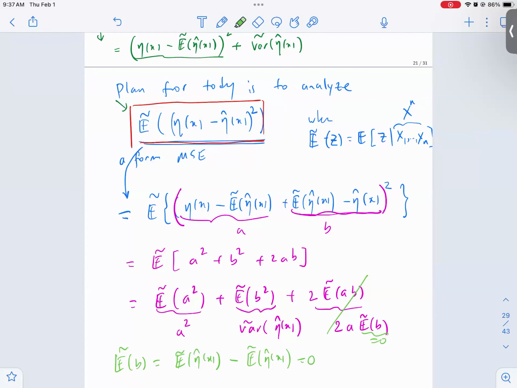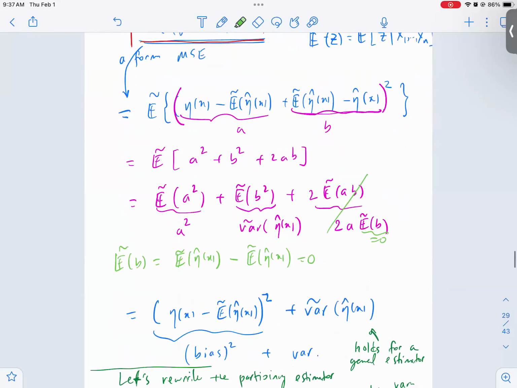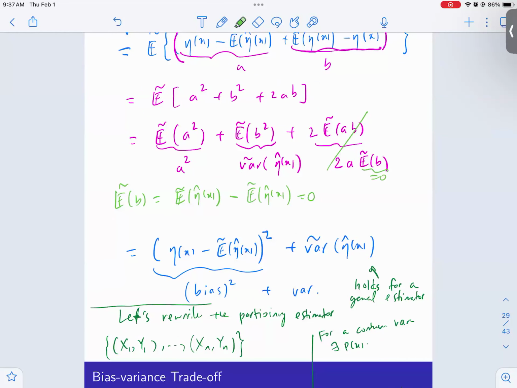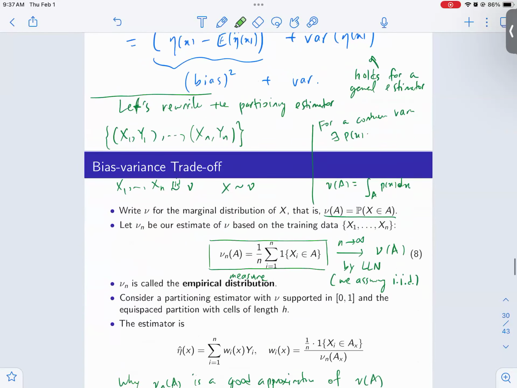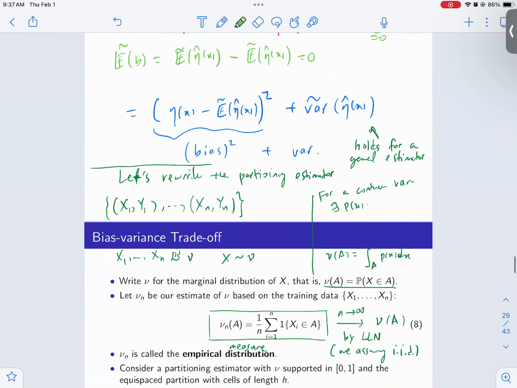We argued that this can be done in two steps, because it's the MSE. It has this decomposition in terms of the bias squared plus variance. This is called the bias variance decomposition, or bias variance trade-off.